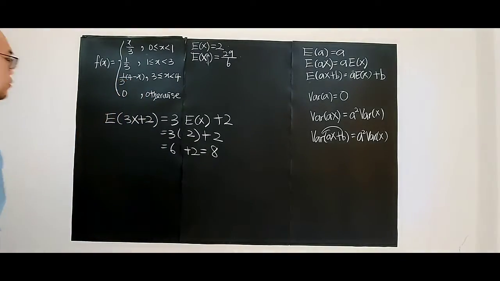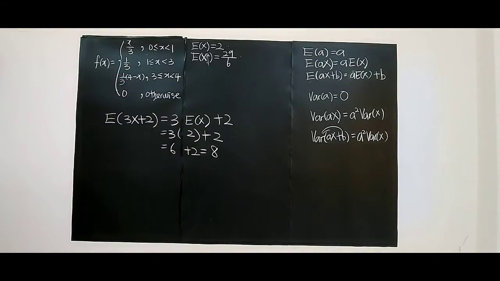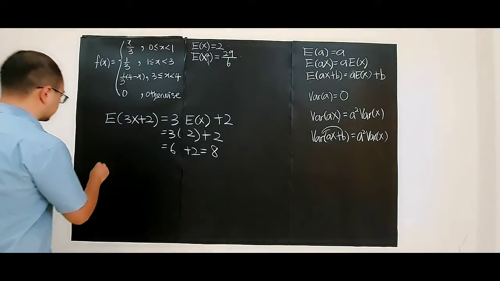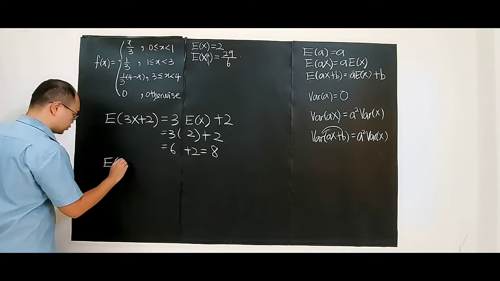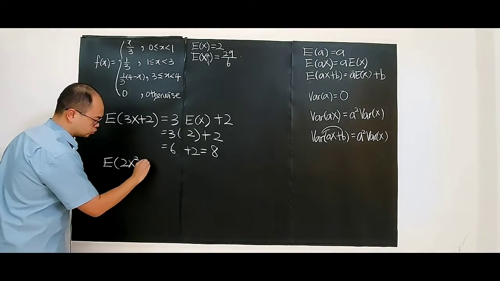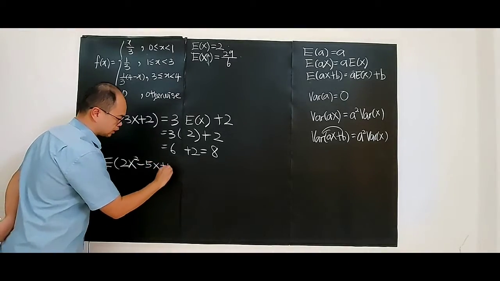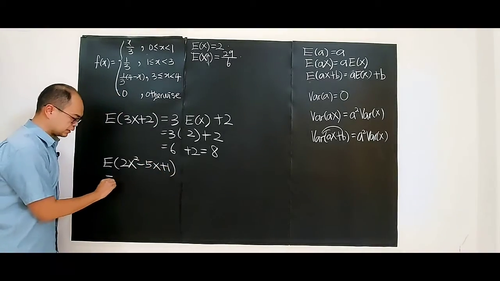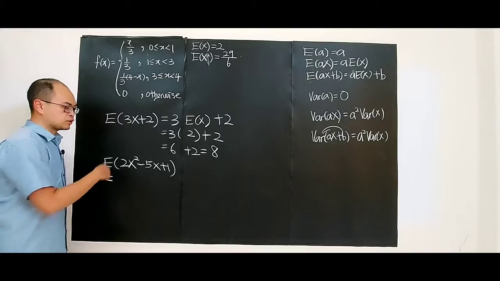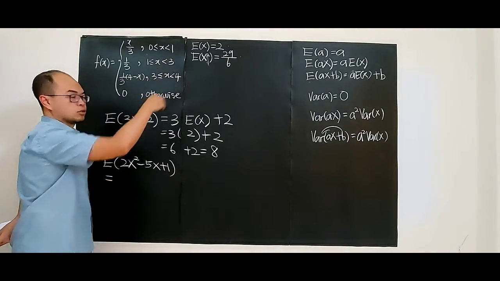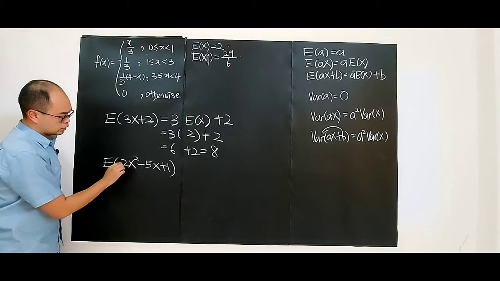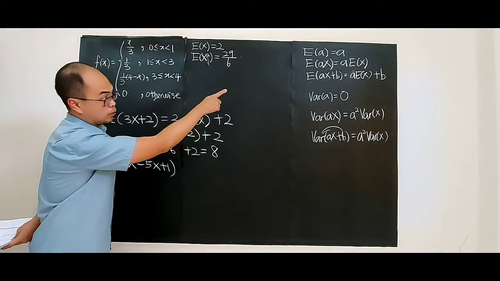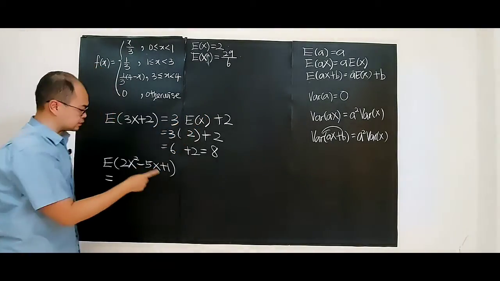Let's say the question asks you to find the expectation of 2x squared minus 5x plus 1, also very simple. If you use the integration method, it will be very tiring, so just apply the properties here. Even though there is no x to the power of 2 in the properties, it's still the same.